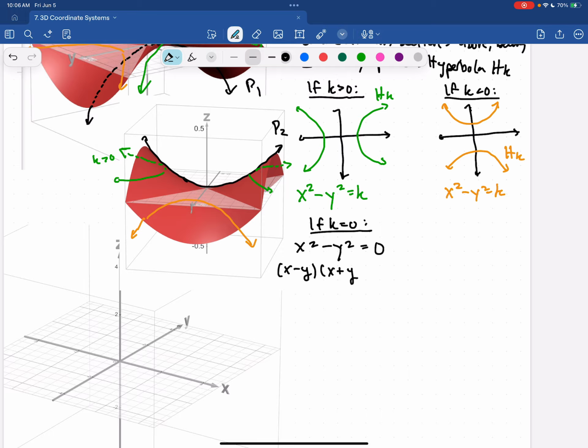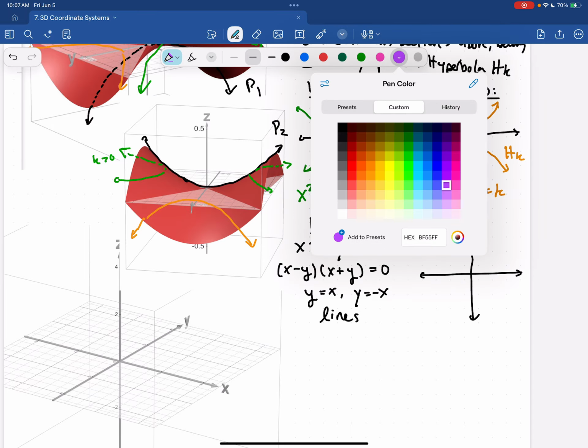So if you have x squared minus y squared equal to 0, we factor that using difference of squares as x minus y times x plus y equal to 0. So we get two lines, really: the line y is equal to x, and y is equal to negative x. So in this case, our hyperbola is actually just a pair of straight lines. I'm going to change this purple. That one's too bright.